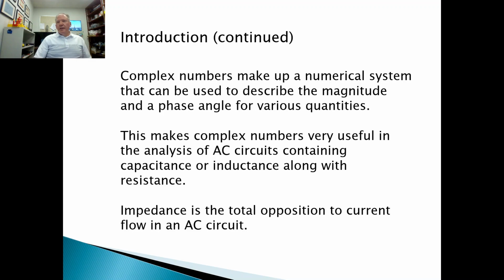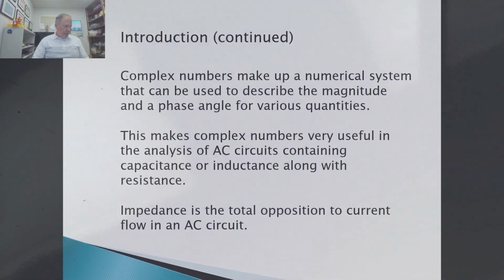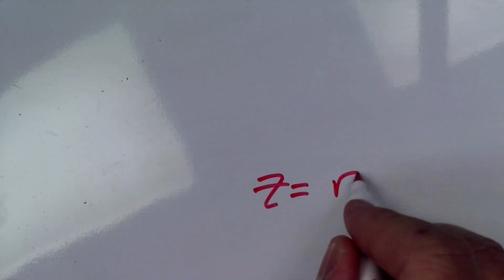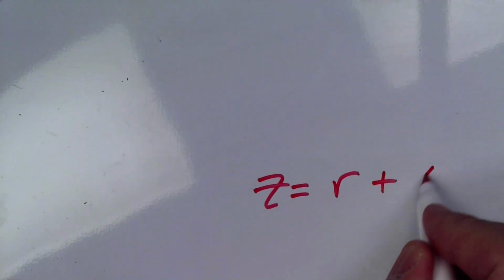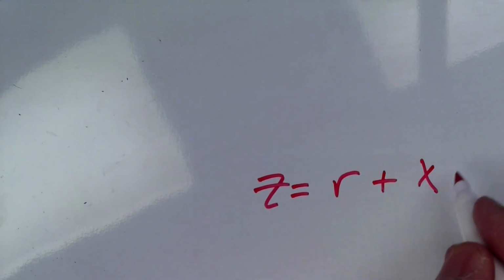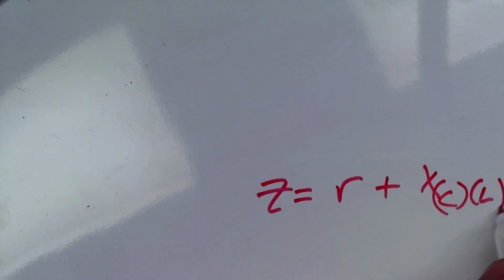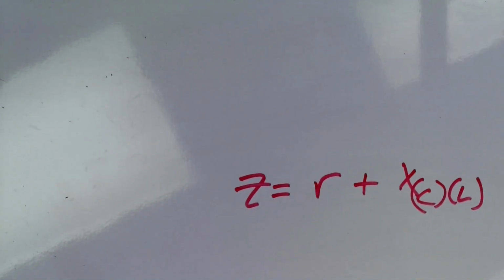But this makes complex numbers very useful. So remember that, and then the term impedance is the total opposition. So impedance is the Z equals the resistance plus the reactance, whether it's capacitive or inductive reactance.